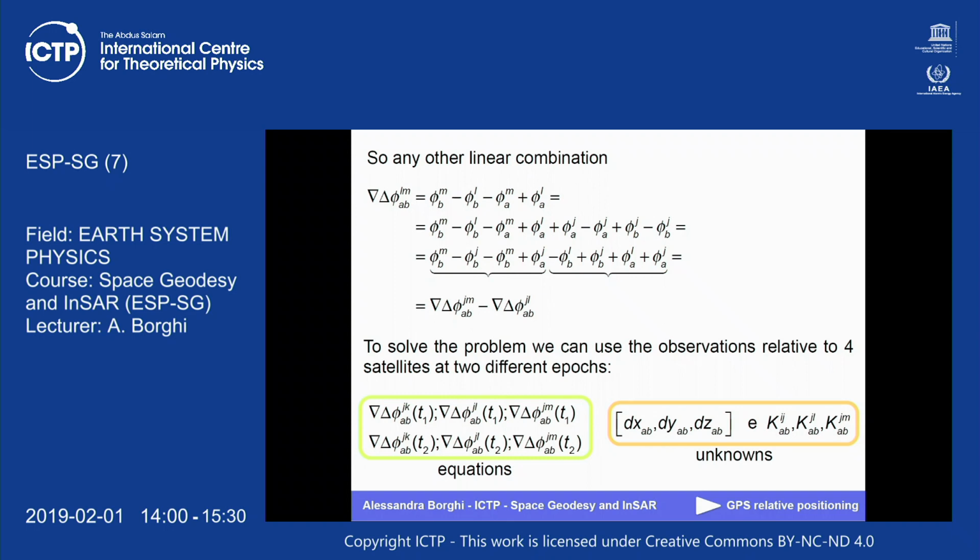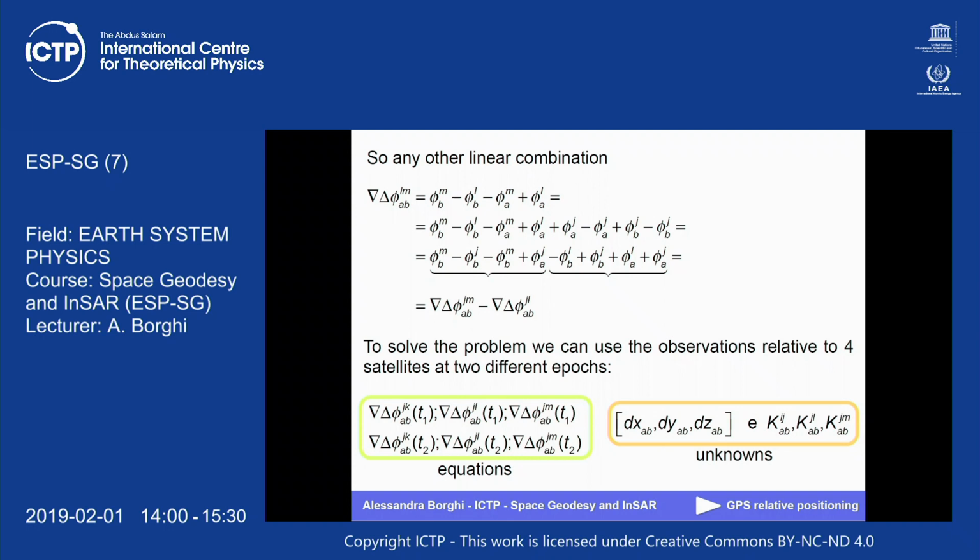I switch on my receiver at time t0, and the receiver records the data, for instance, every 10 seconds. So I have an observation for each receiver, for each satellite, every 10 seconds. And I can use all these observations to compute my positioning, x, y, z. That's what we want for the physical application, for the study of deformation.